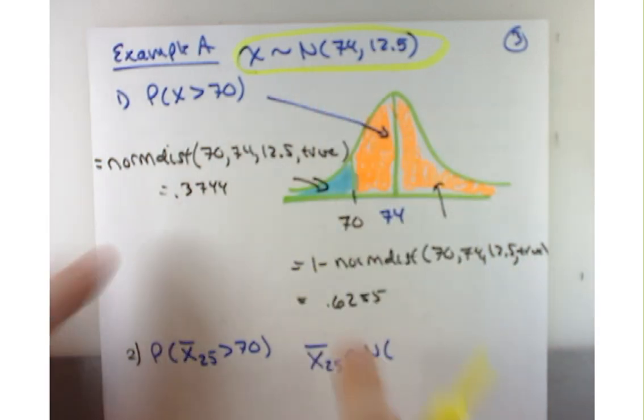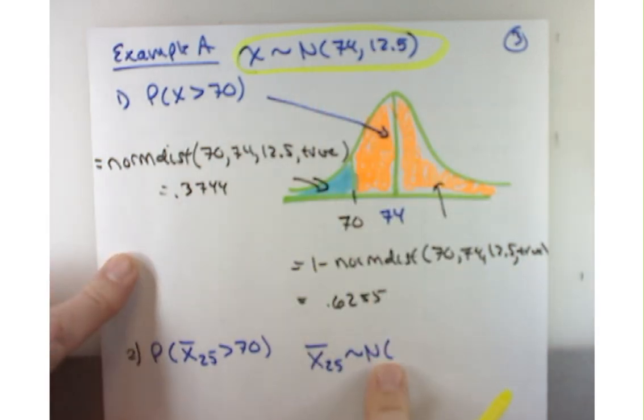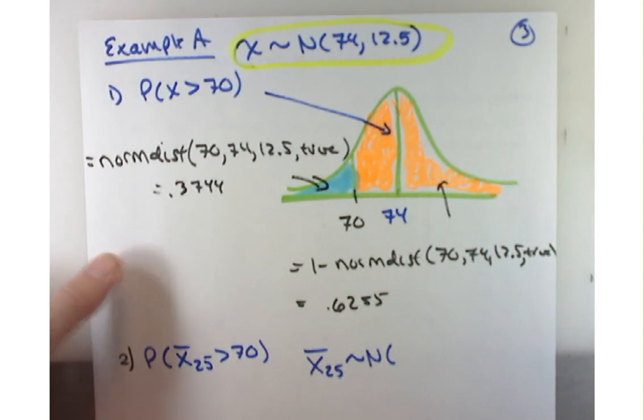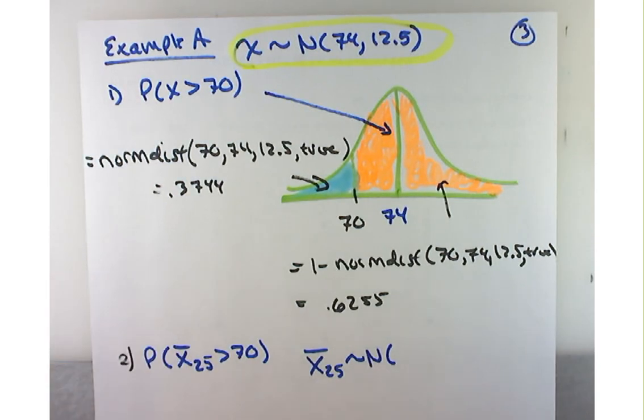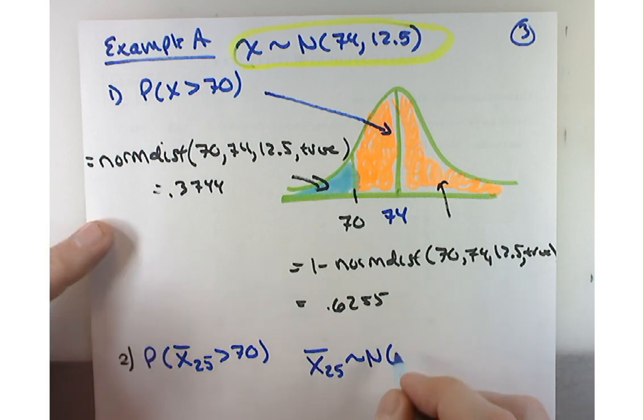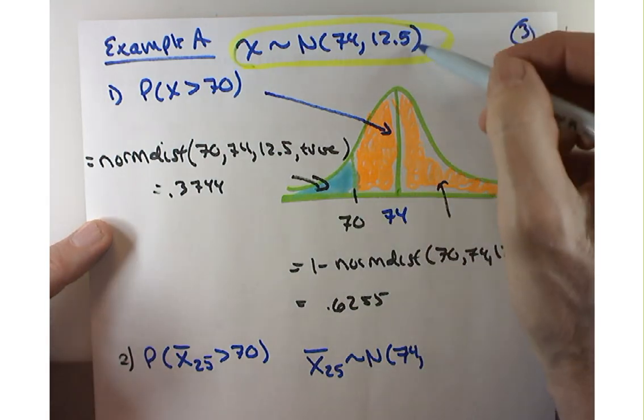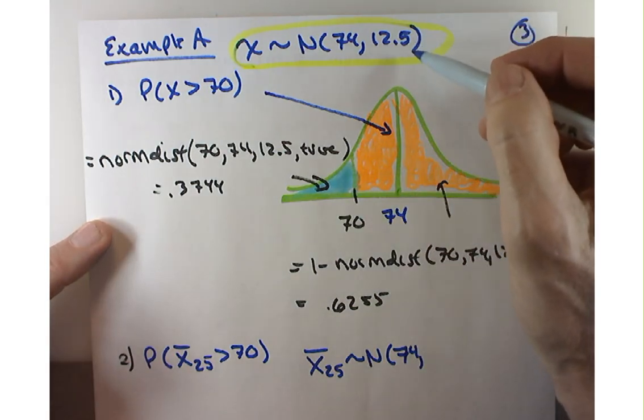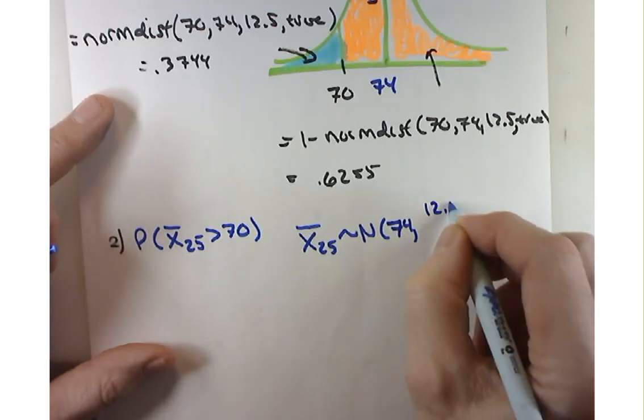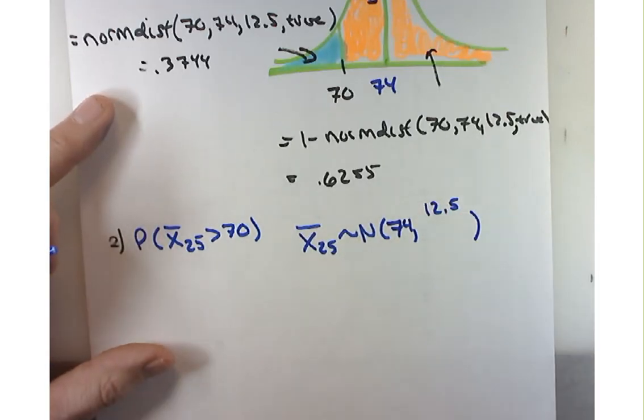What's the mean of this new distribution going to be? 74. Same as the mean of your old distribution. That's cool. That means X bar is an unbiased estimator. How about the standard deviation? Different. Not quite 12.5. Right.